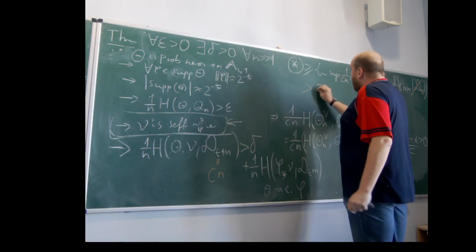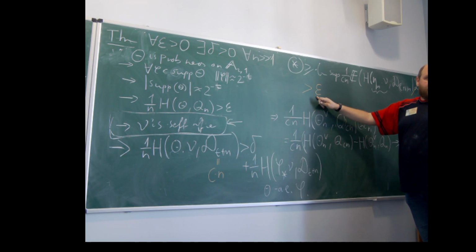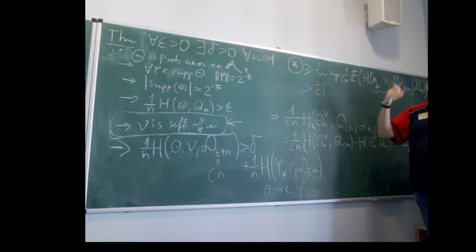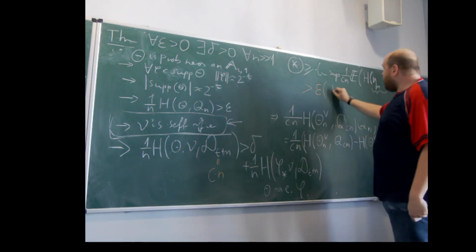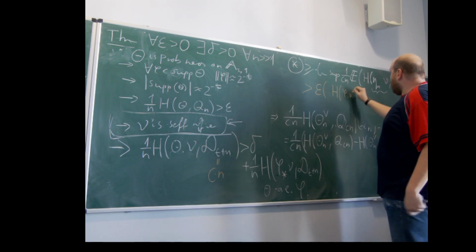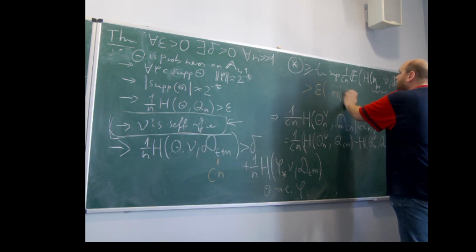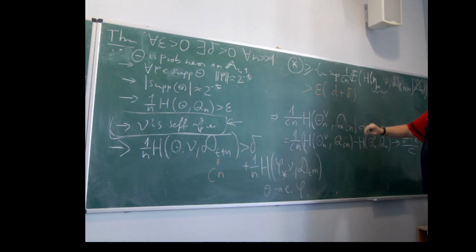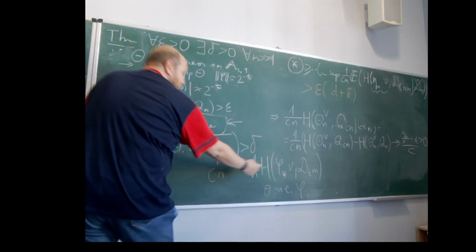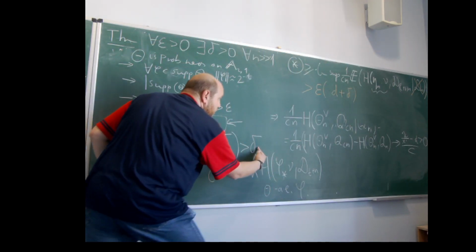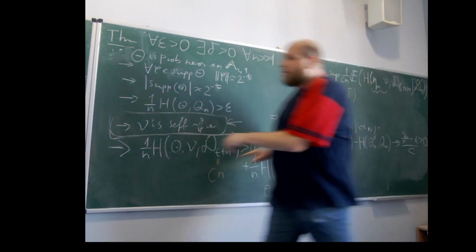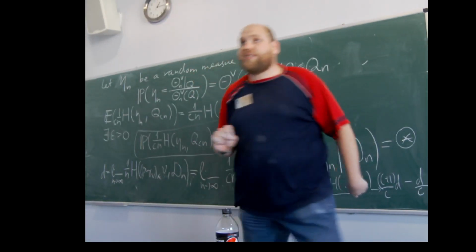So there is a set of measures, with probability greater than epsilon, where the entropy with respect to the original grows slightly. So what's the original? This is my measure. Let me write d plus delta, right? My entropy grows by this tiny delta on this set of measures.